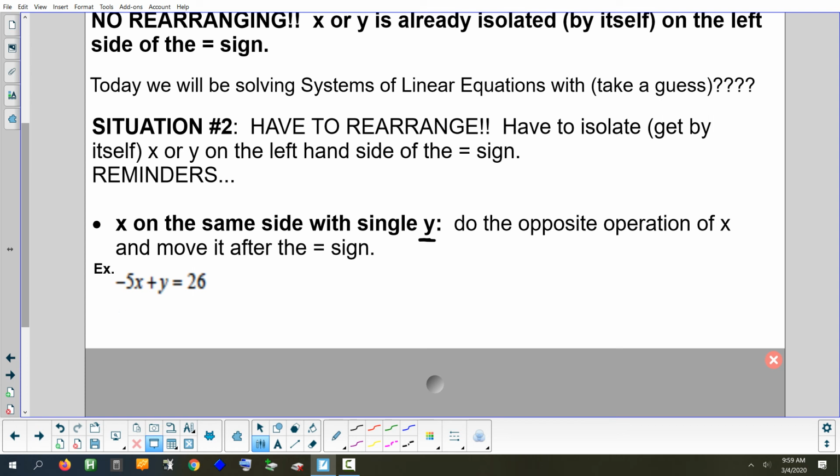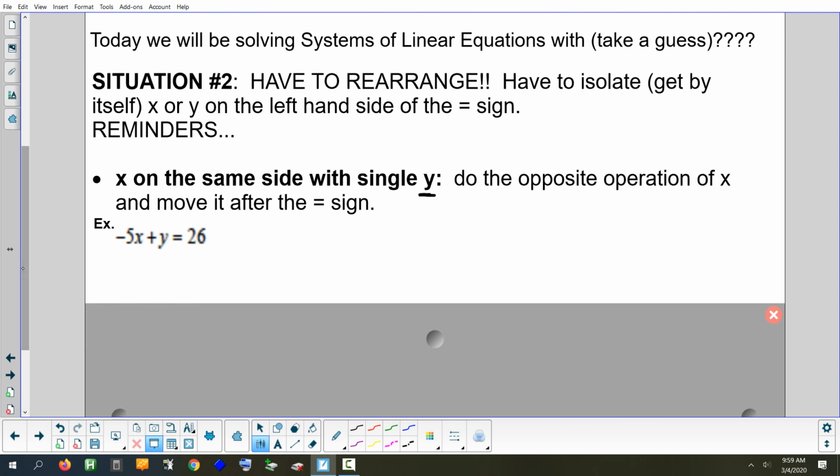So, Leilani, how could I move this negative 5x to the other side? Yeah. All you'd have to do is add it. And Blake, once I add it, what's on the left? What side is the left again? The left? Yeah. The side that's not the right. The side closer to me. Oh, okay.